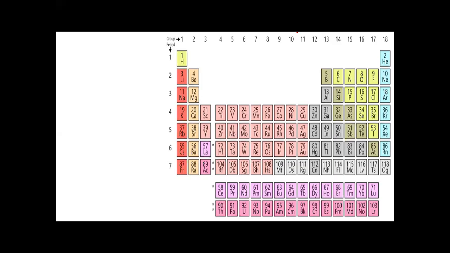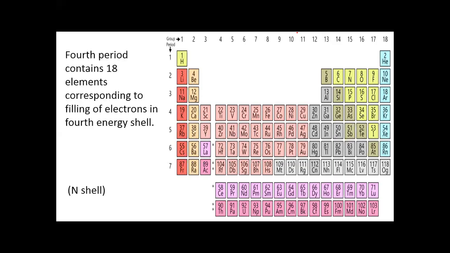Now, the fourth period contains 18 elements corresponding to filling of electrons in the fourth energy shell. The fourth period contains 18 elements: 2 from the s subshell, 10 from the d subshell and 6 from the p subshell.